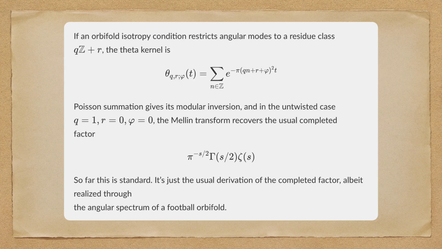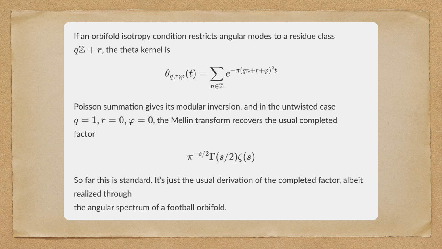If an orbifold isotropy condition restricts angular modes to a residue class, then the theta kernel is of this form. So Poisson summation gives the modular inversion, and in the untwisted case, where we set these parameters to q equals 1, r equals 0, varphi equals 0, the Mellin transform recovers the usual completed factor, the gamma factor, or the Lambda(s) function, which is standard in the analytic number theory world for the derivation of the completed zeta function.